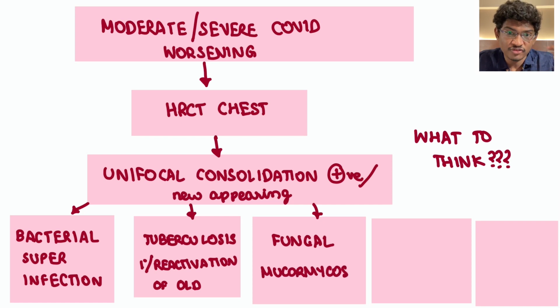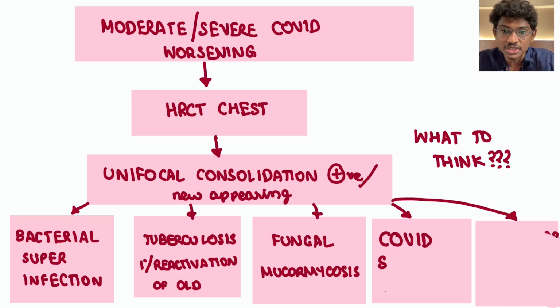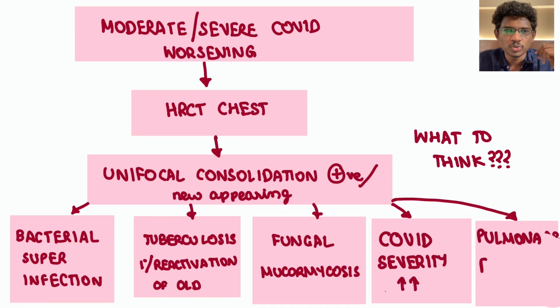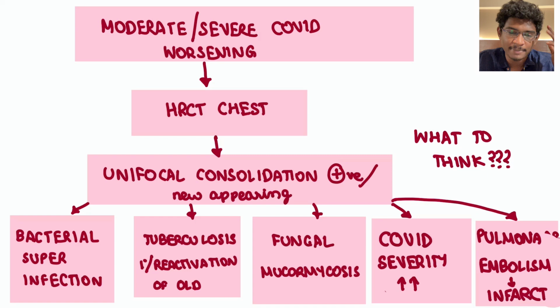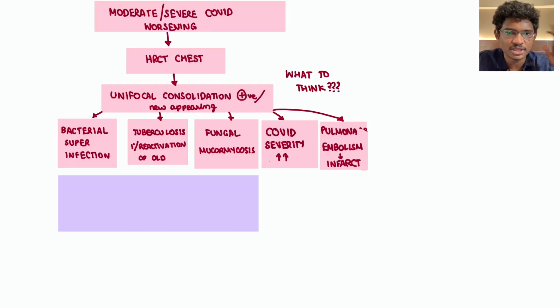Next, fungal infections like mucormycosis, which is the hot trending topic now. Next, the unifocal consolidation might also be due to advancing COVID infection. Next, it can also be due to a pulmonary infarct if the pulmonary artery is blocked by a pulmonary embolism. All these can be the causes.